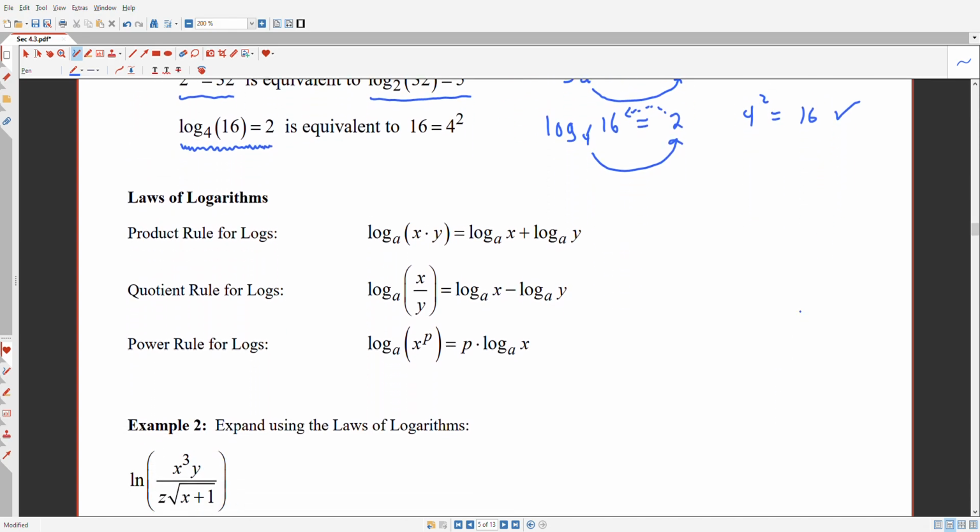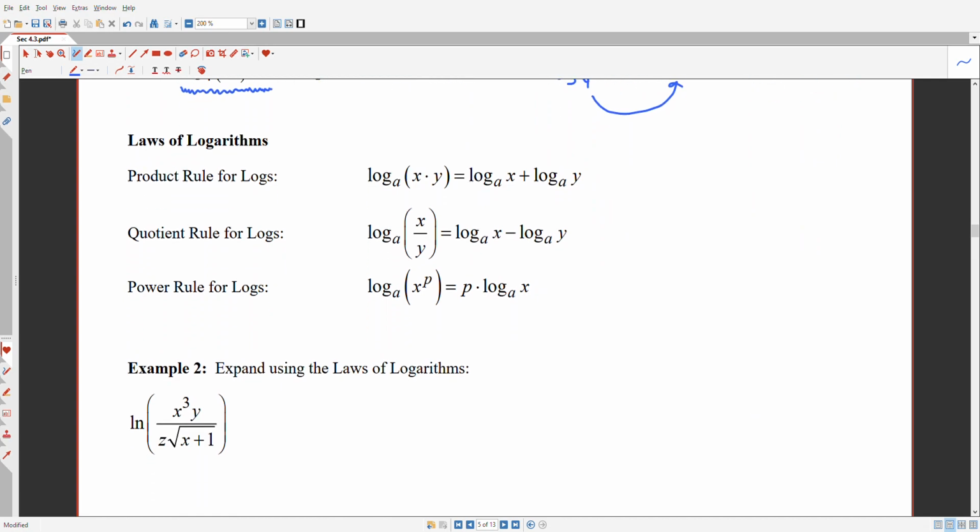Okay, so these logarithm laws are really, really useful. In fact, historically speaking, this is why logarithms were invented. Logarithms have this lovely property: they tend to make math easier.